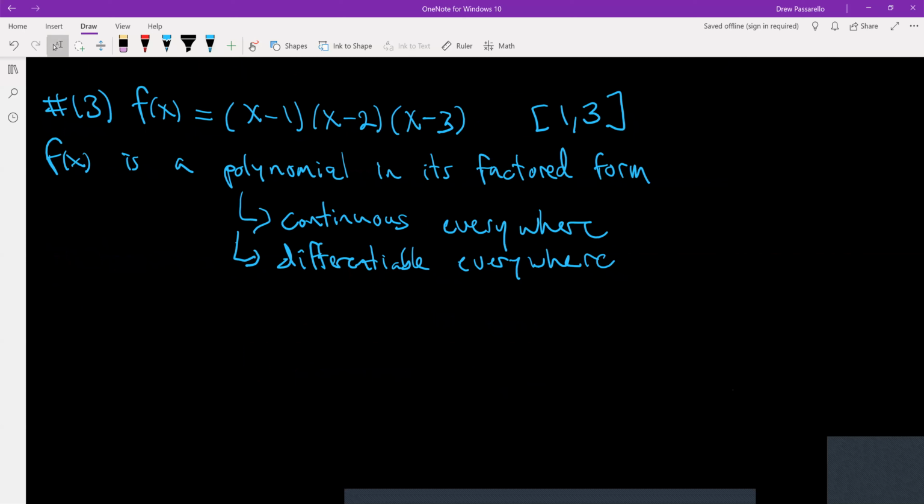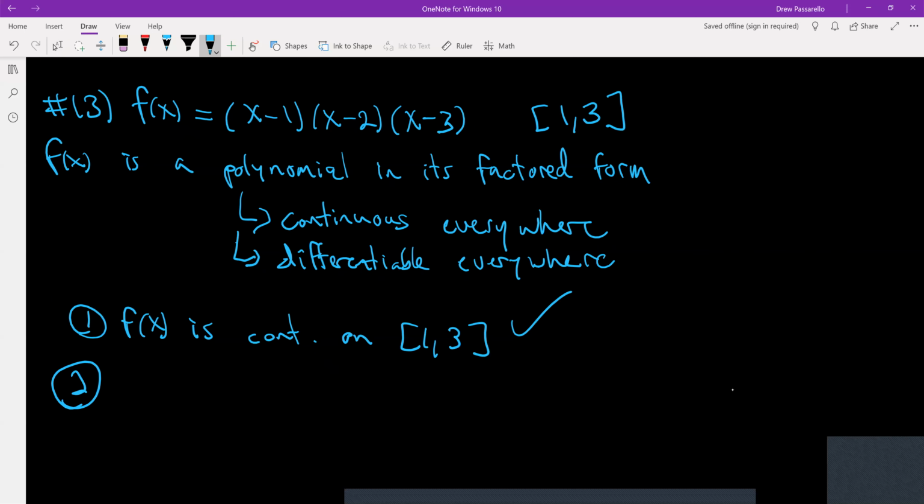So the first condition is that f of x is continuous on the closed interval 1, 3, since it's continuous everywhere. I'll use CONT for continuous, and then on 1, 3. So that checks out, and then its derivative exists on the open interval 1, 3, or it's differentiable.